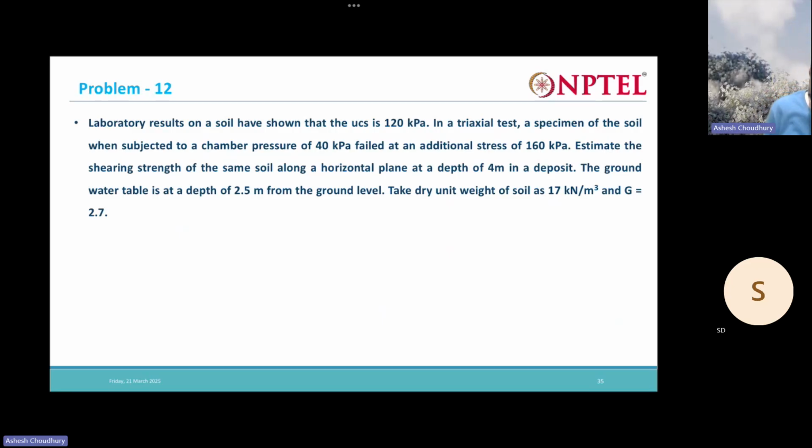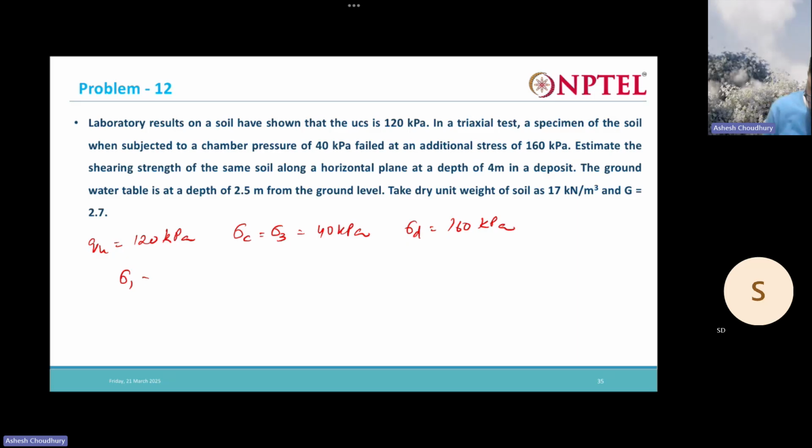Okay, so we have the UCS test and the triaxial test. Sigma 3 is 40 kPa, sigma d is 160 kPa.